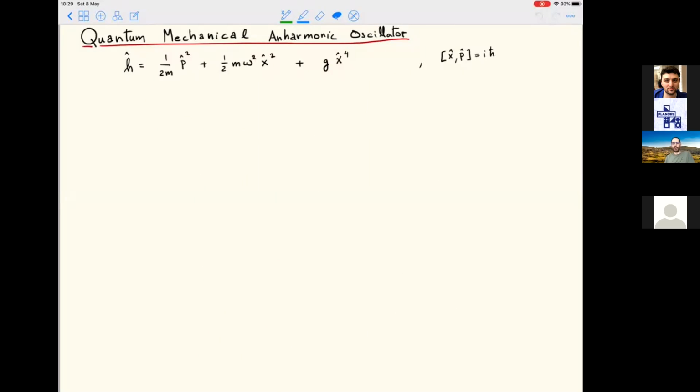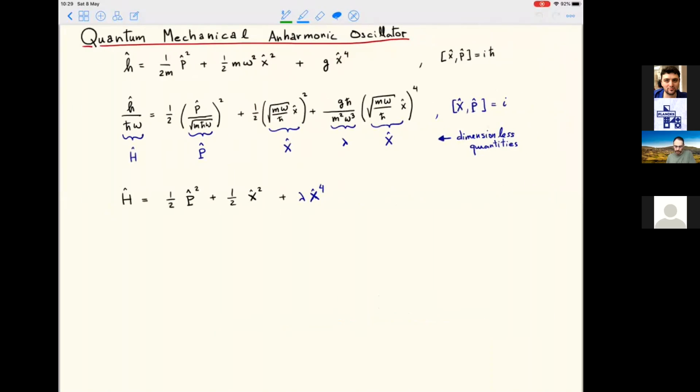So what can we do in this case? Well, first of all, let me just rescale the variables. This is a trivial rescaling. I divided the Hamiltonian by h bar omega to make it dimensionless. And I defined a dimensionless P and dimensionless X and a dimensionless coupling so that I don't have to carry all these numbers.